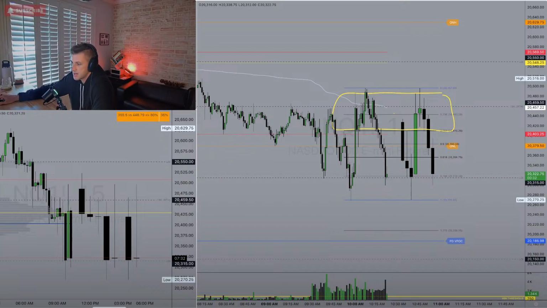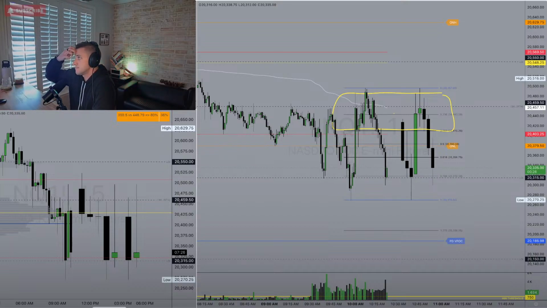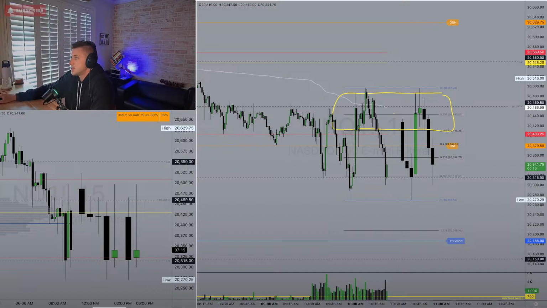See this reaction here at 315. Are buyers interested? Are buyers actually interested? Or is that some short covering? It's always the question.